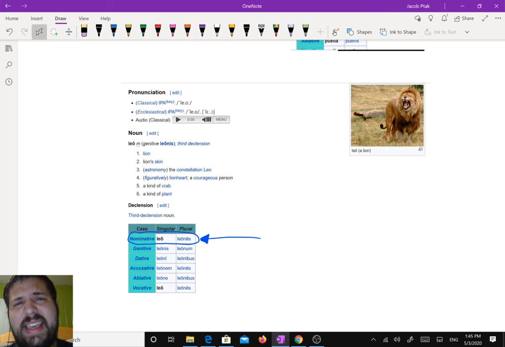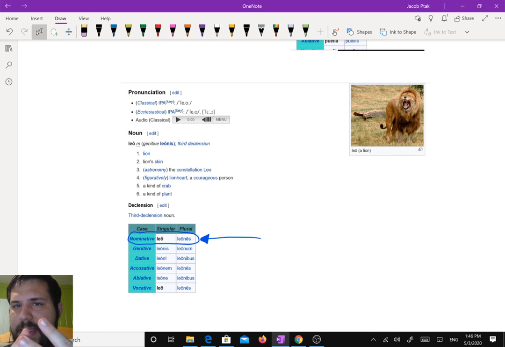Adds the letters ES to become plural. So we saw leo, leones. Dux, duces. And this one's harder to spot, like I said. The word pater is a part of this family. And mater as well. Pater is one dad. Patres is more than one.